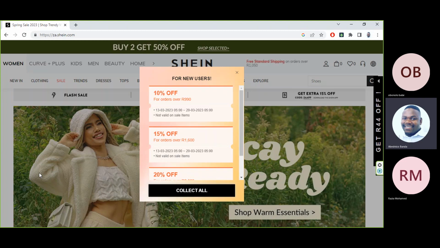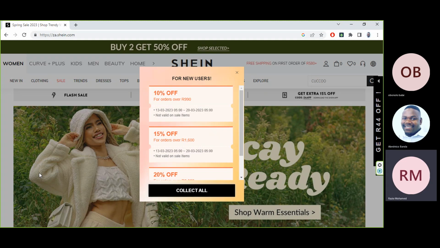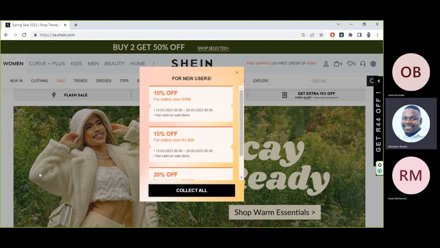So, guys, you see, the moment I went to the Shein website, it gave me a welcome pop-up with promotions if I'm a new user. Can you see that? Yes. Those promotions are time sensitive, from 13 March to 20 March, and they are for different order amounts.